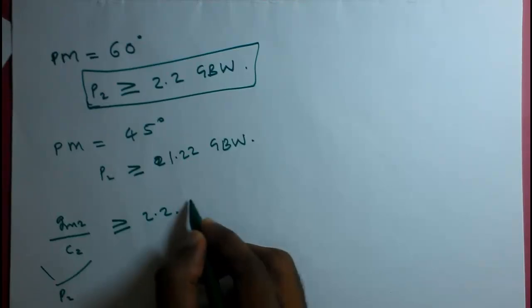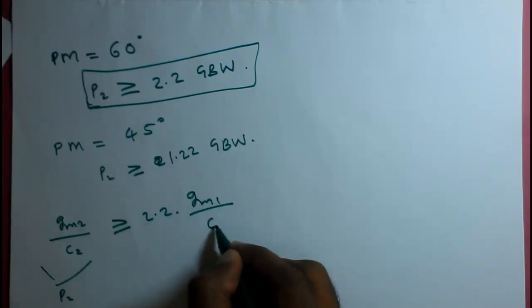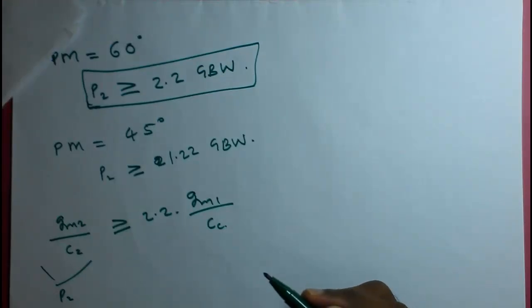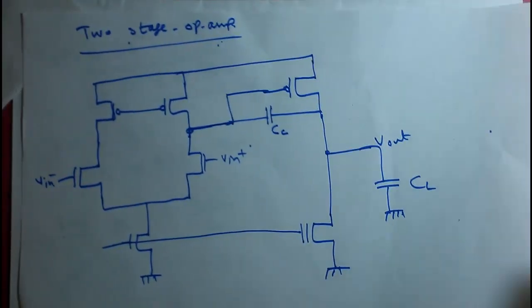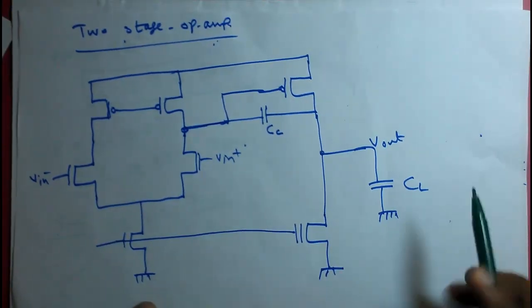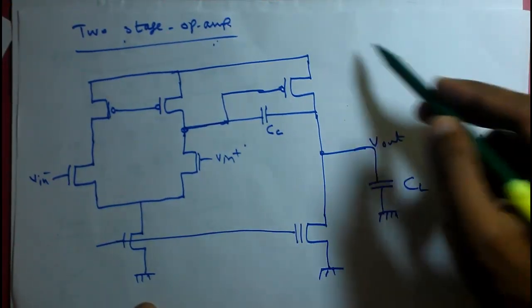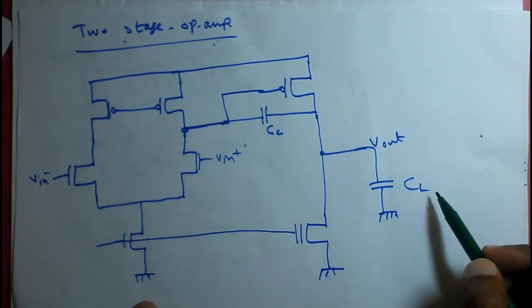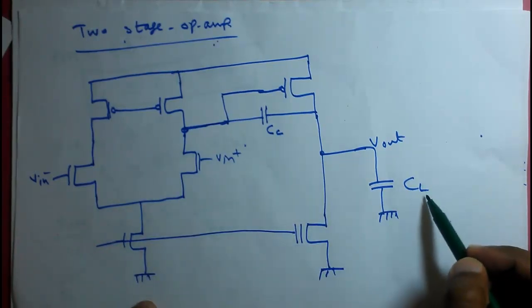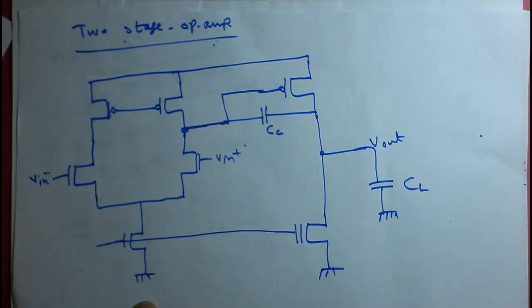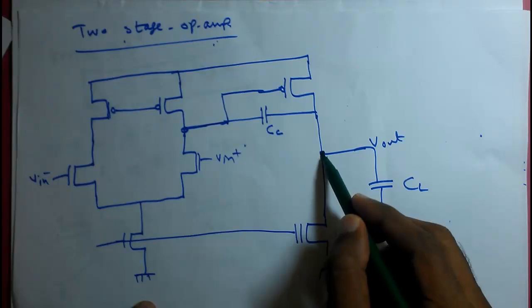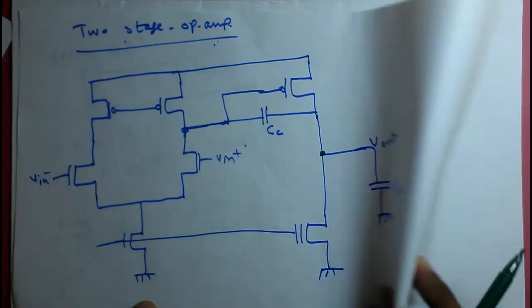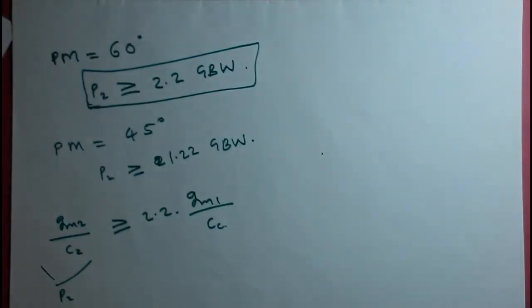But at this point we should remember that CC is the compensation capacitance, and C2 is the output capacitance of the second stage. That means it will be equal to CL, which we put in the circuit as CL. So the capacitance at this node will be CL. So in the design we will change C2 to CL from the circuit point of view.